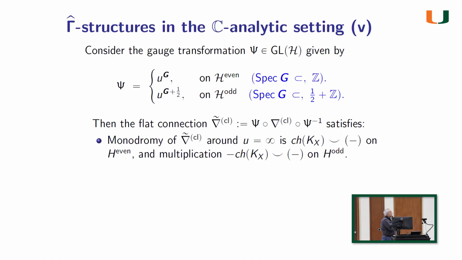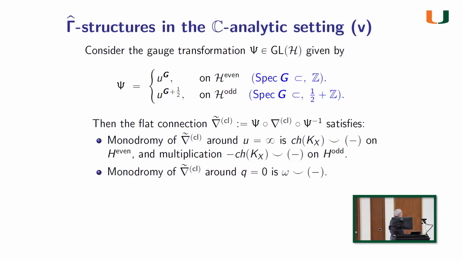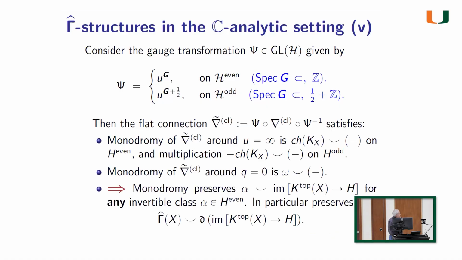And its monodromy around infinity is multiplication by the Chern character of the canonical class on the even part and minus the Chern character of the canonical class on the odd part. The monodromy around Q equals 0 is multiplication by omega. This is all classical multiplication.